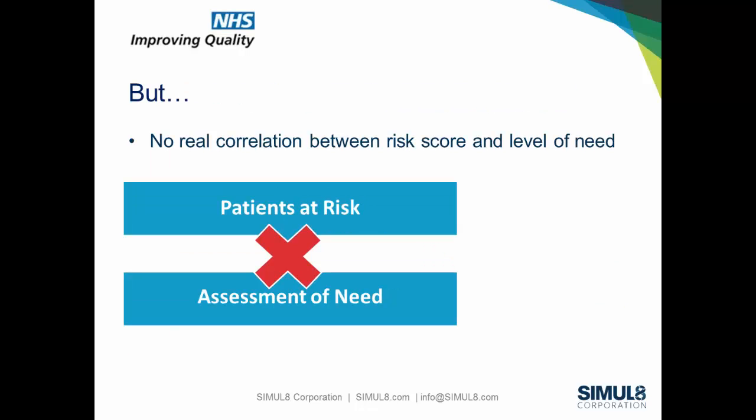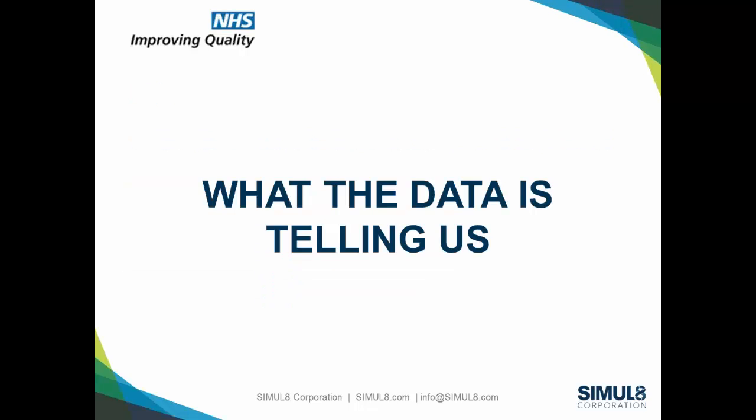And that was the first interesting piece, really, which was we discovered that there was no real correlation between somebody's risk score and their level of need. So when we got to the clinical assessment, it didn't necessarily agree with the risk of patients. So that nice, neat, linear process that we thought we mapped out wasn't really going to work.